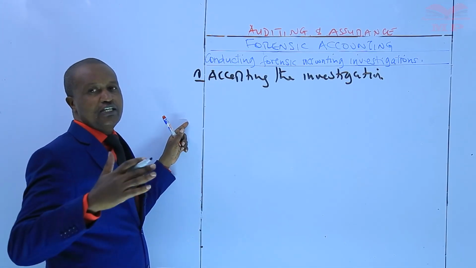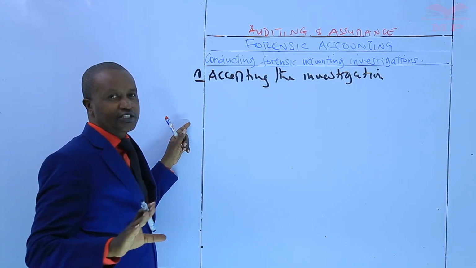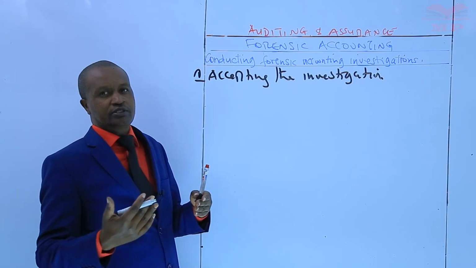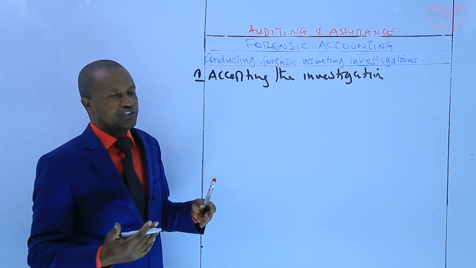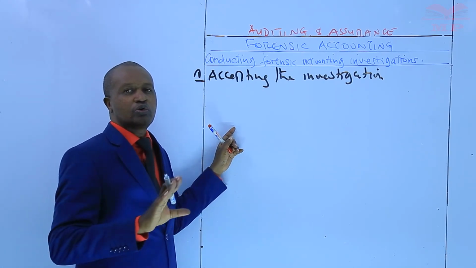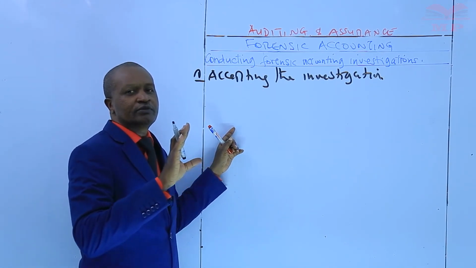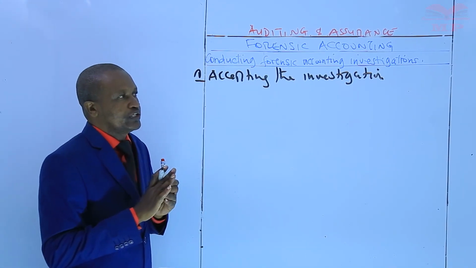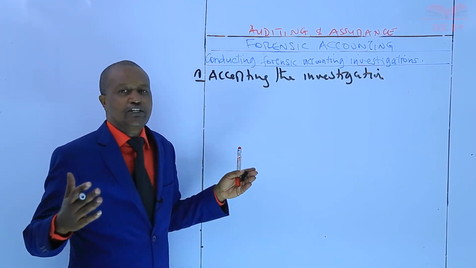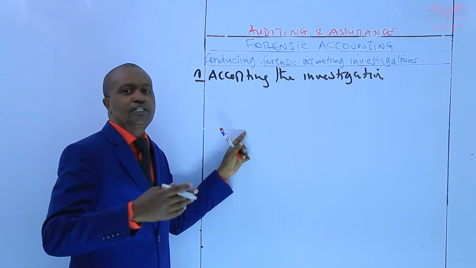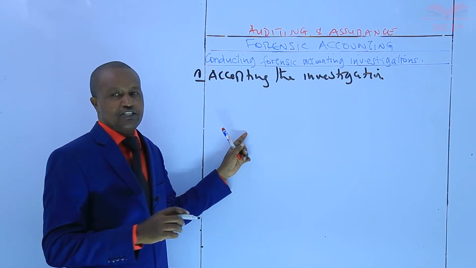Now, forensic accountants are usually engaged by organizations. They may be engaged by regulatory bodies or even legal professionals in order to conduct or investigate financial discrepancies or suspected fraudulent activities.